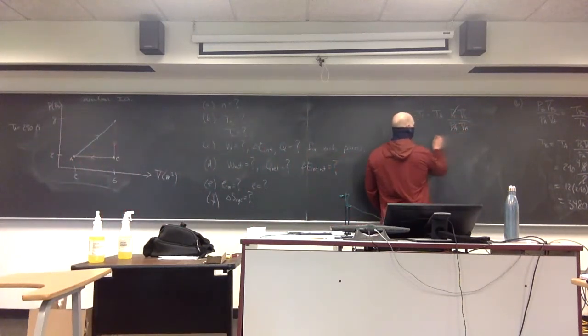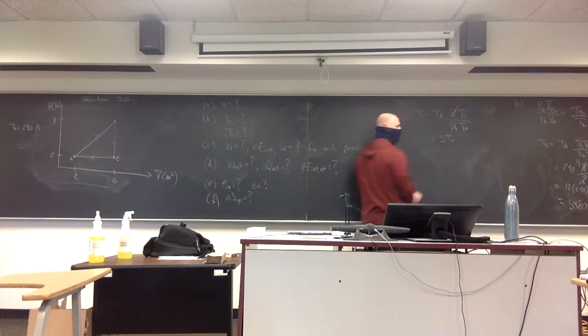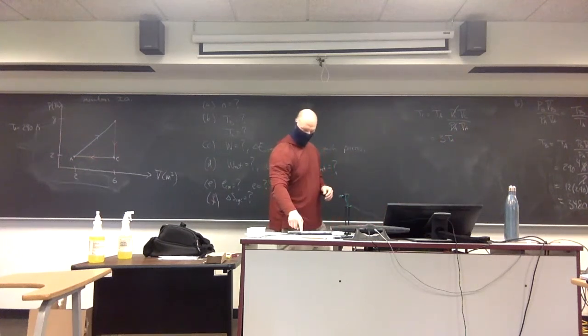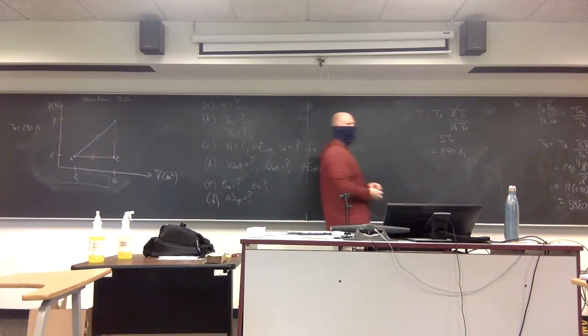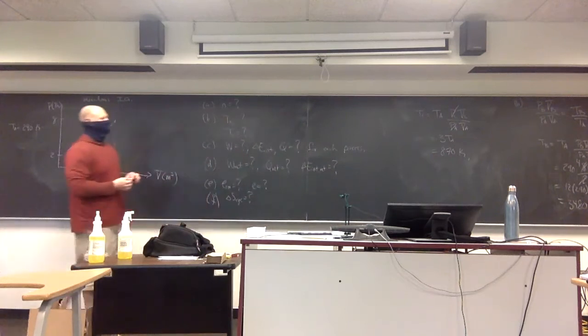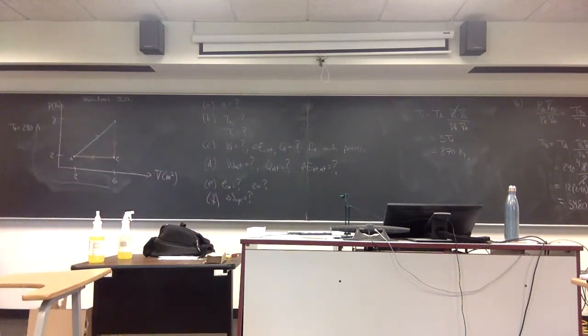This guy is simply 3 times the size of this, so this is going to be 3 times the temperature at A. So this is equal to 870. Okay, not too bad.